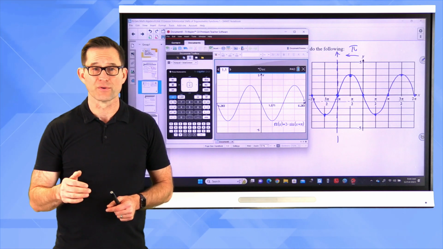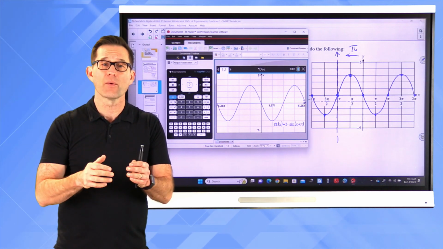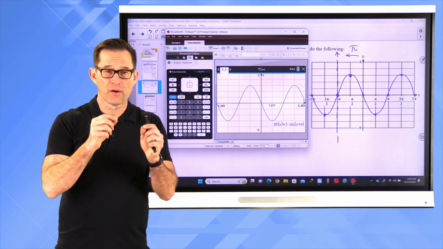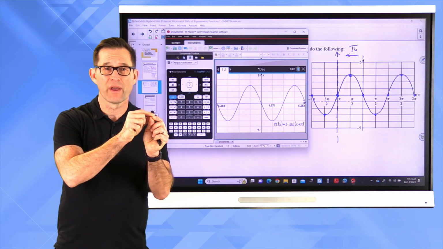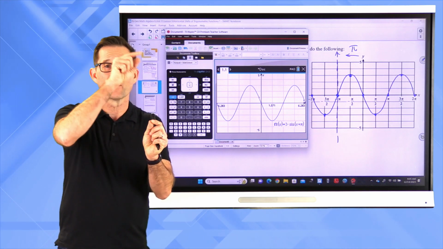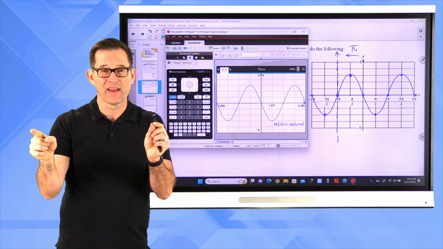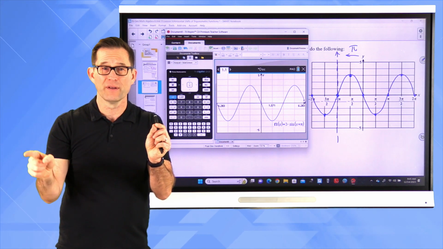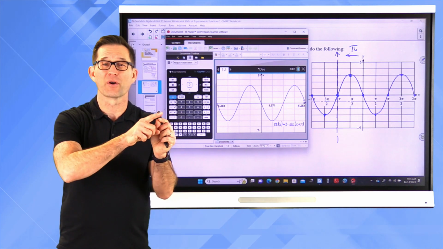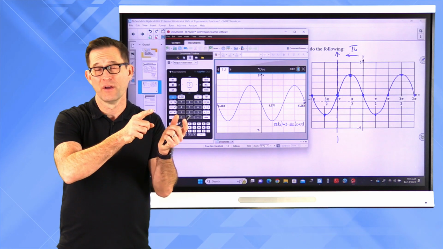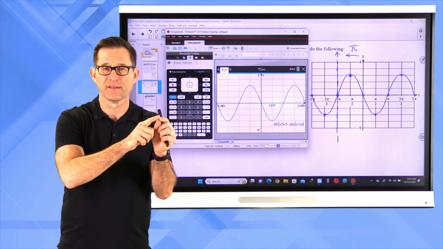And that's because, as we go around the unit circle, we're generating this curve by, for sine, starting right at 0 degrees or 0 radians, where the y-coordinate is 0, then we're going up to the top of the circle where the y-coordinate's 1, then we're coming back down to the left of the circle where the y-coordinate's 0, then we're going to the bottom of the circle where the y-coordinate's -1, then we're coming back up to 0 degrees or 2 pi radians or whatnot, where the y-coordinate is again 0, right?